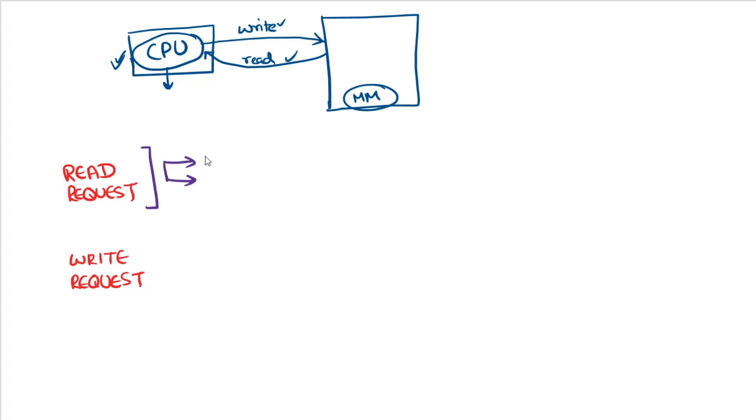What are those? CPU sends the address of the cell that it wants to read. For example, main memory has cell C1, and C1 is the address of this cell. If CPU wants to read the content of cell C1, it will send the address C1 to main memory. So a read request includes the address of the cell, and it also includes the read signal.